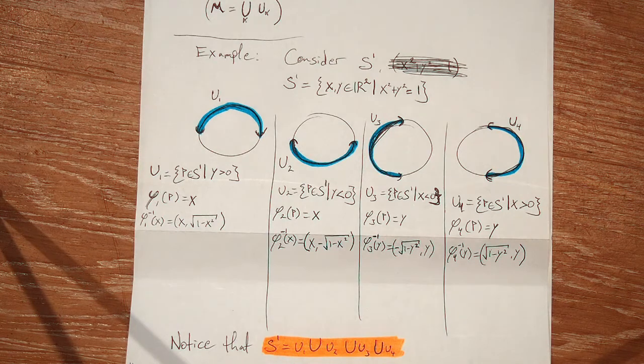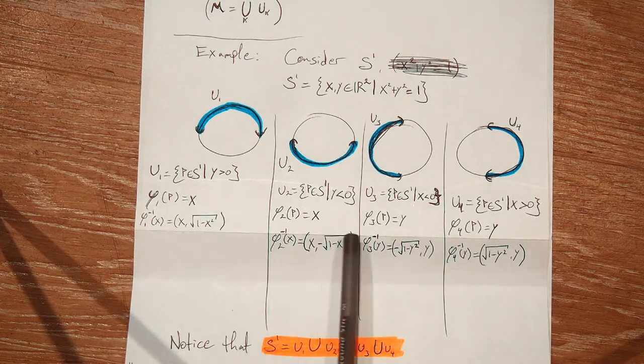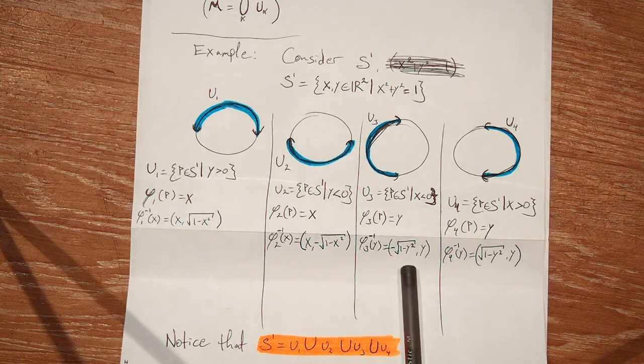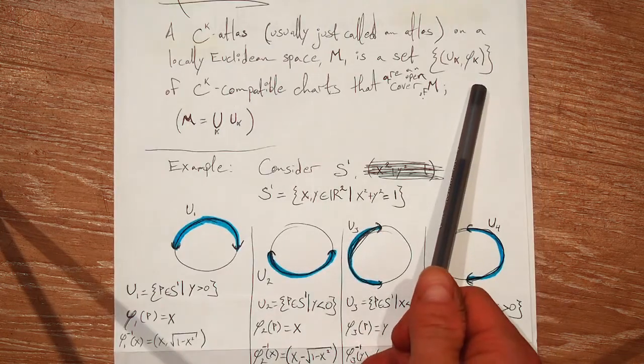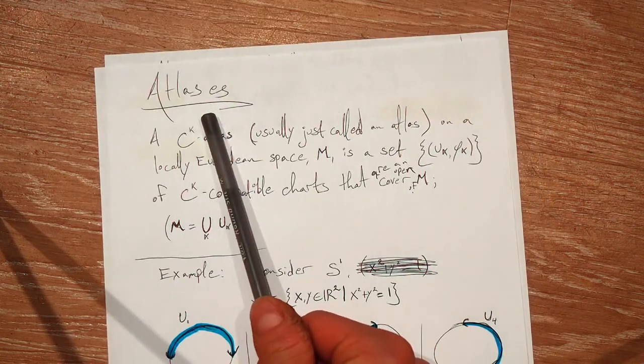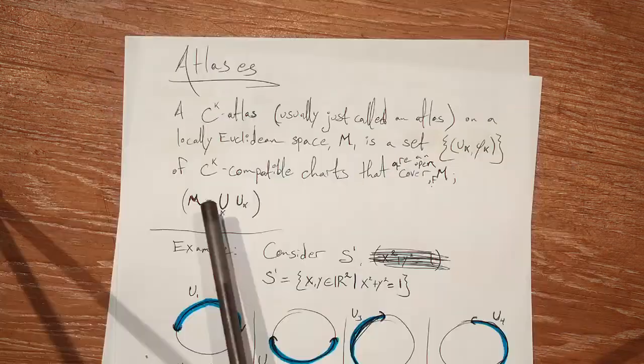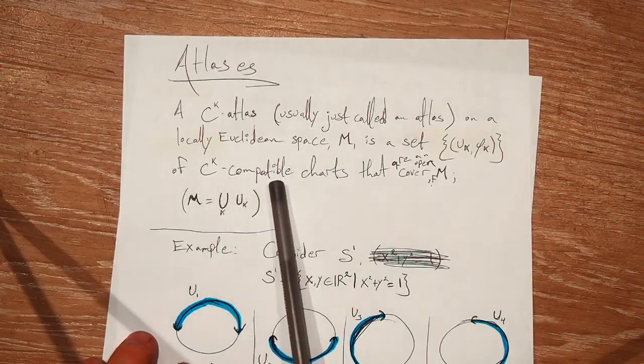Those functions will have some k number of derivatives defined, which you can figure out what k is. It will turn out that these charts are indeed C^k compatible charts. So if we take them together as a collection, they form an atlas. An atlas is a collection of charts that cover our space and are C^k compatible.